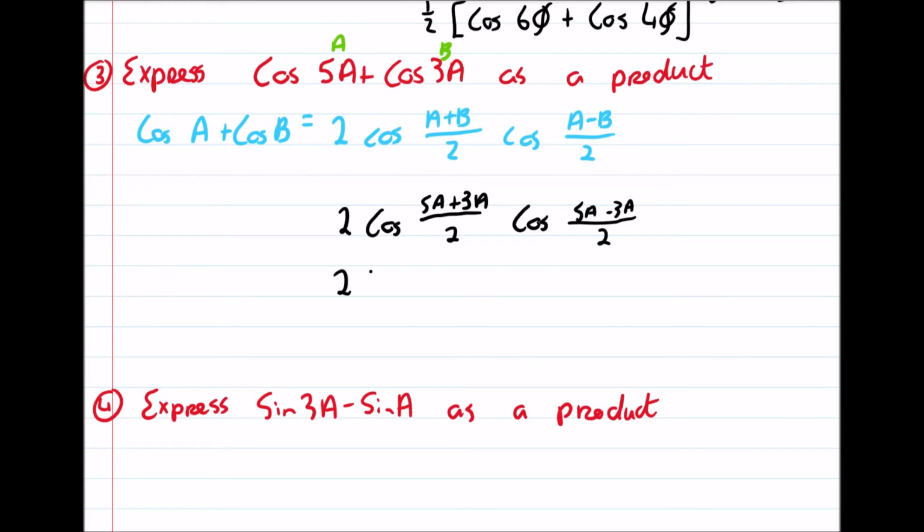That's simplified. We'll get 2 cos 8a over 2 cos 2a over 2, which will simplify to 2 cos 4a cos a.